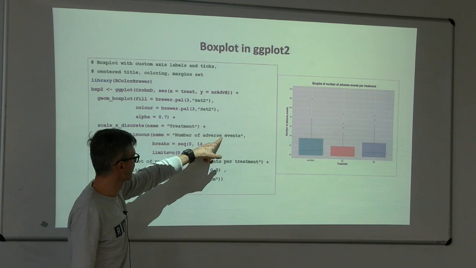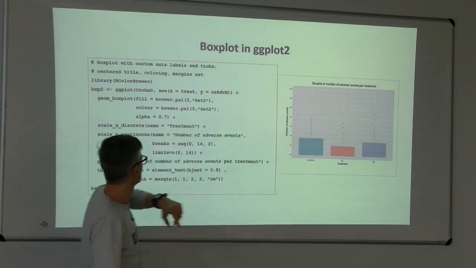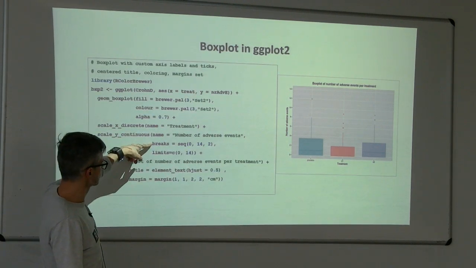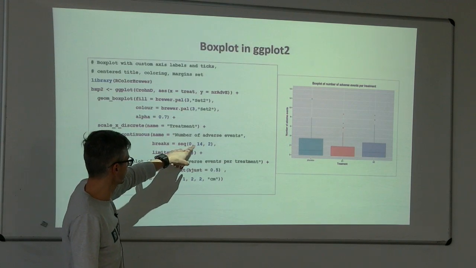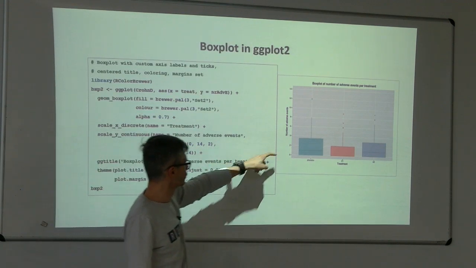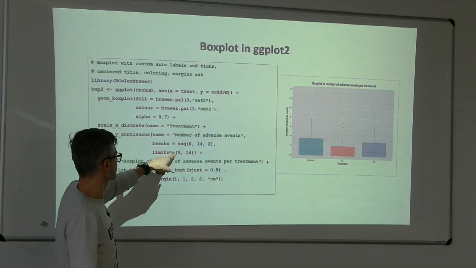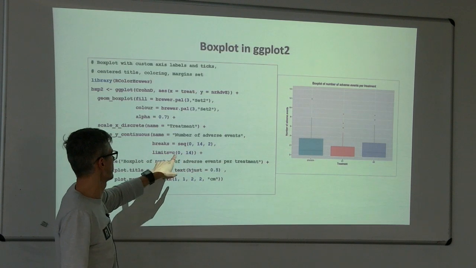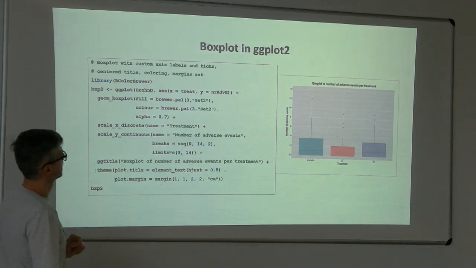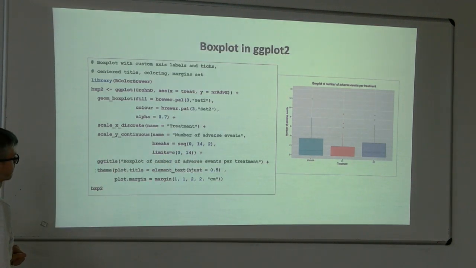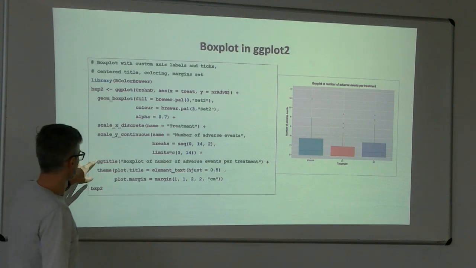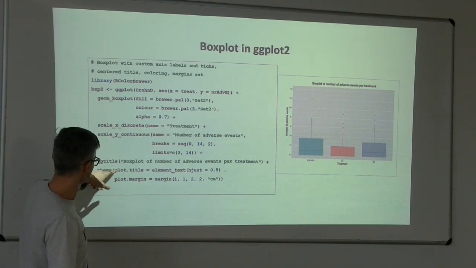The name, number of adverse events here. You could add some breaks. So the breaks start from 0 to 4 to increase them by 2 here. Each time add 2, and then the limits actually, of course, then are these values combined from 0 lower limit to 14 upper limit. The title, and then this we already did here.